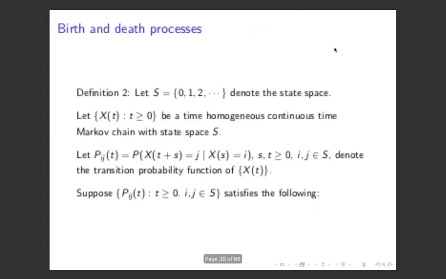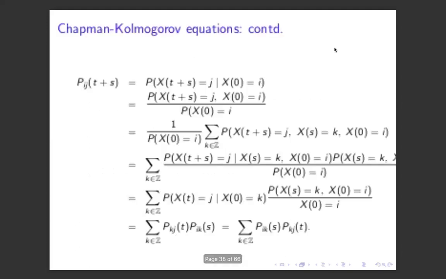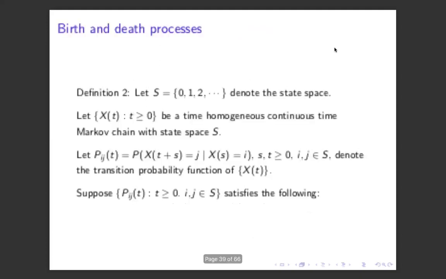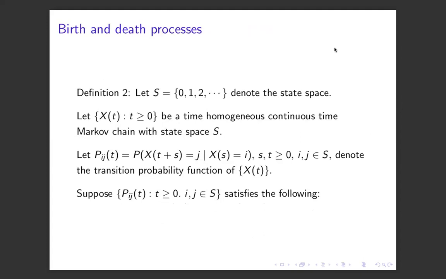Okay. Now we will consider an important class of homogeneous continuous time Markov chains taking values on Z. These are the so-called birth and death processes. On birth and death processes itself, there are a lot of books.